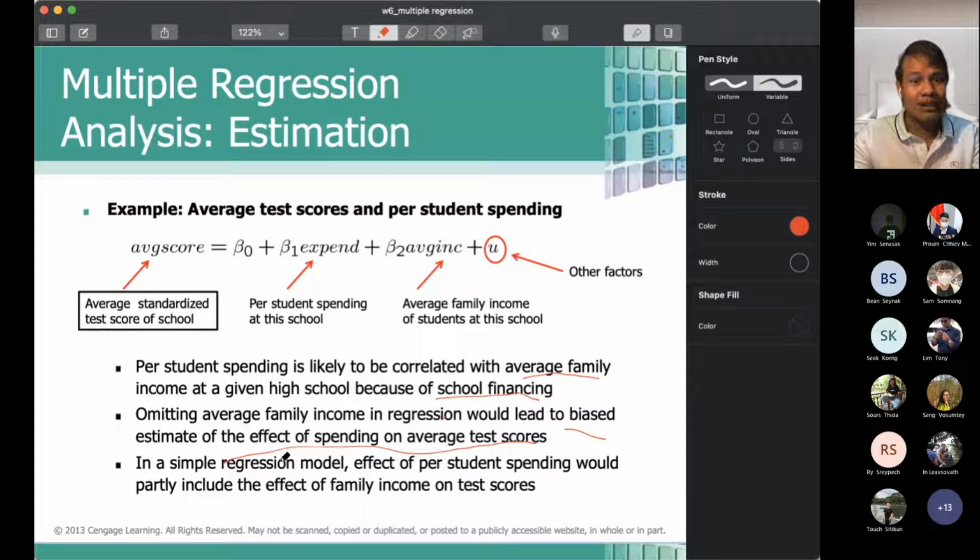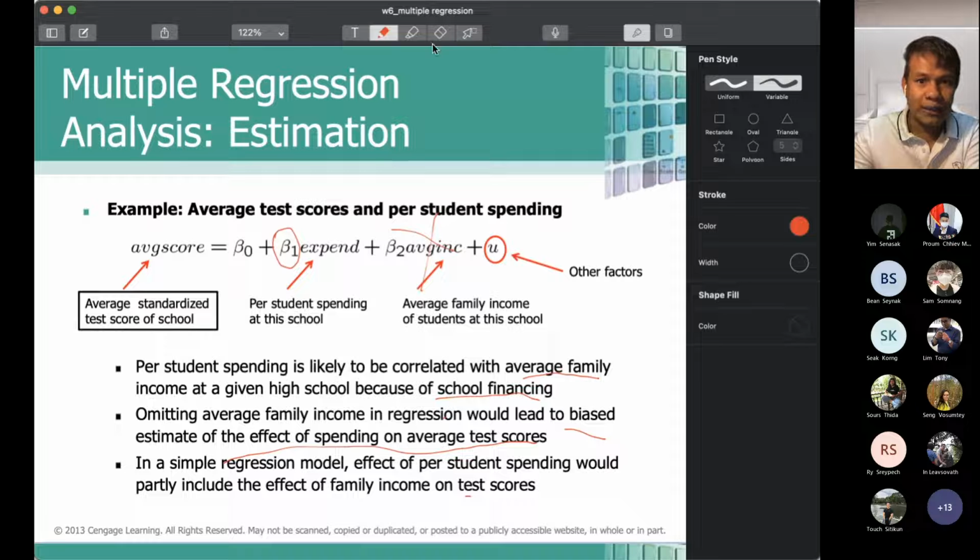So in the simple regression model, the effect of per student spending would partially include the effect of family income on test score. If you exclude average income, the delta 1 here partially includes the effect of average family income.